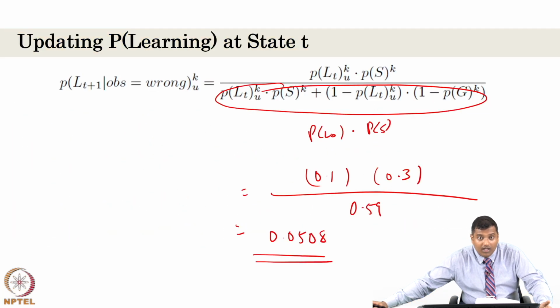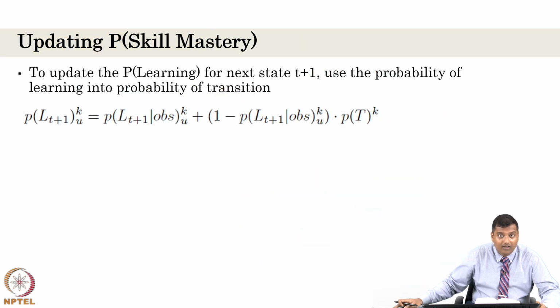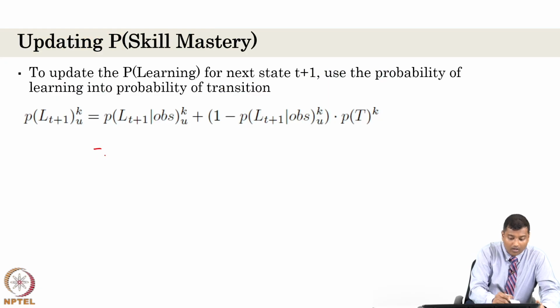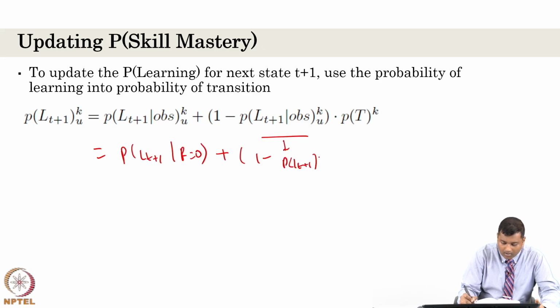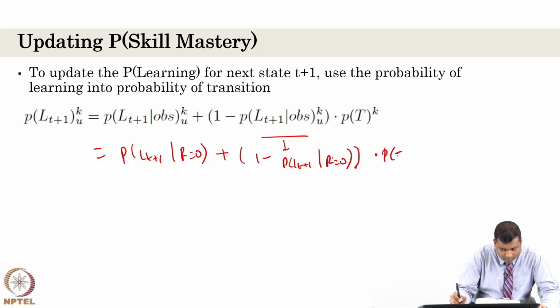Now let's compute. If my answer is wrong, what is my learning probability for the next one? So if my answer is wrong, my P of L(t+1) observed is R equal to 0, which we computed, plus 1 minus the same thing, P of L(t+1), times the probability of transition.